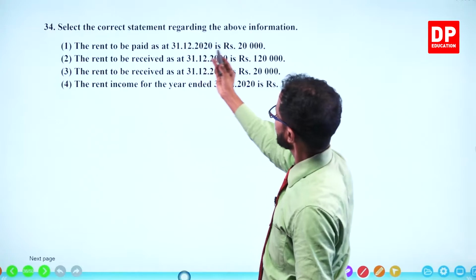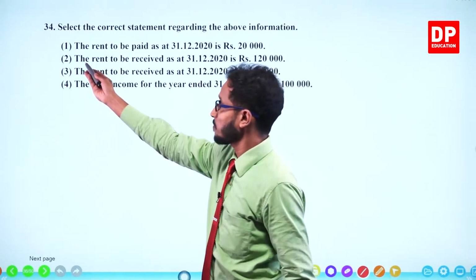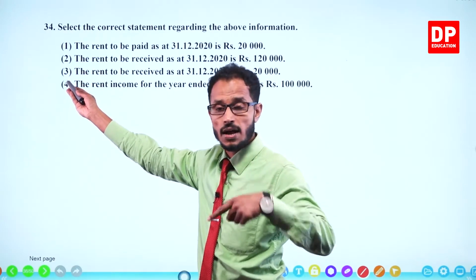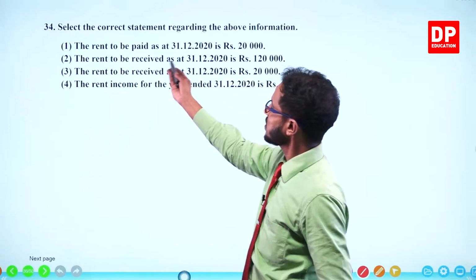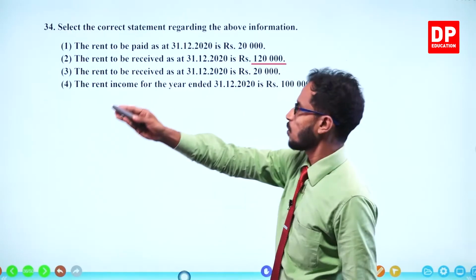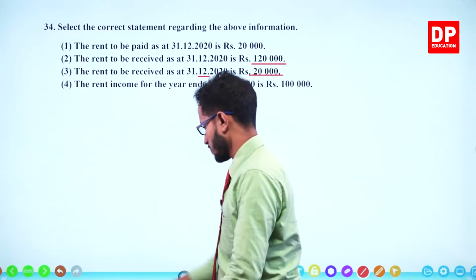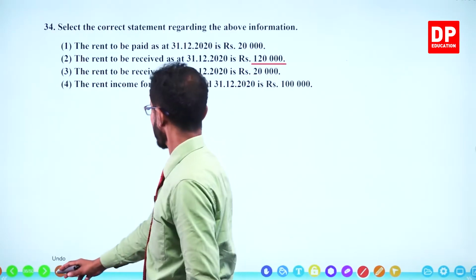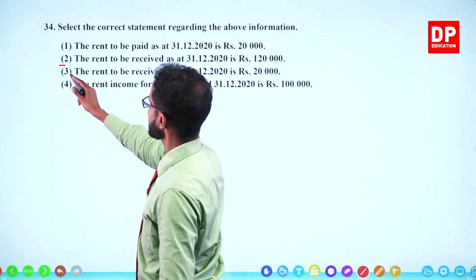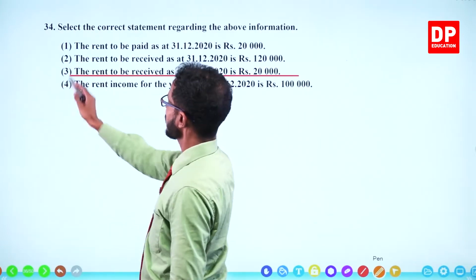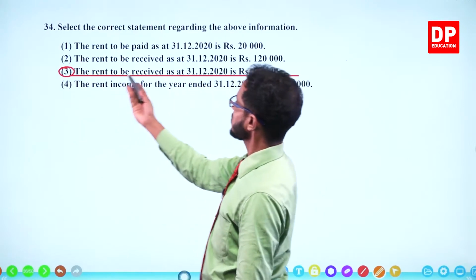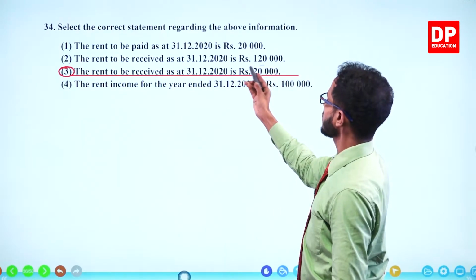Rent to be paid? No, we are not paying rent. We are receiving rent. Rent income. Rent to be received, 20,000. That is the answer. Third one is the answer, children. Rent to be received is 20,000.